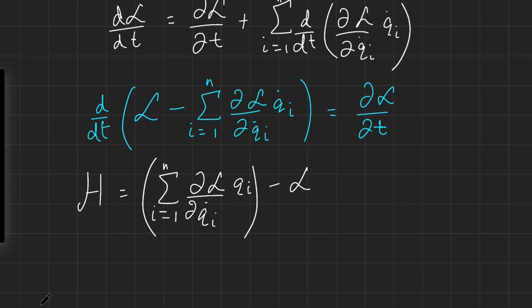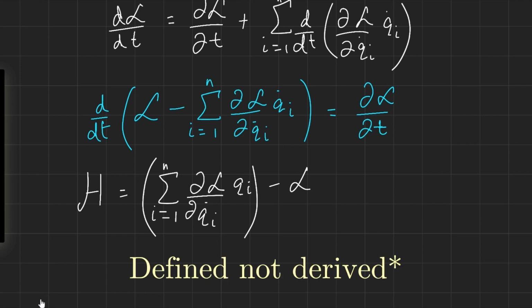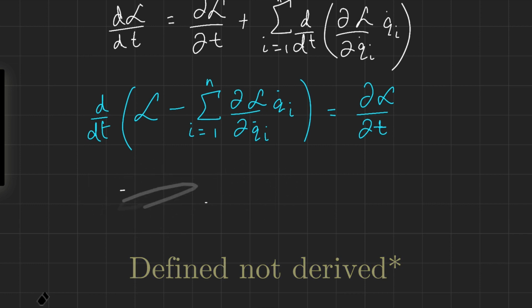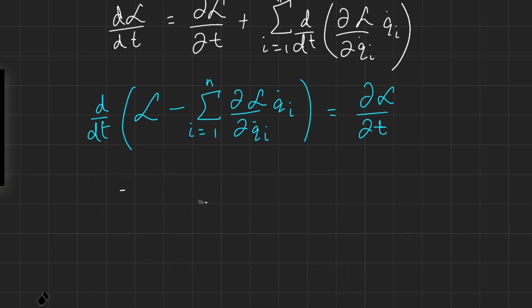So that's how the Hamiltonian is derived. So if I just take a negative sign out of here and multiply both sides by -1, I'd actually get that the derivative of the Hamiltonian with respect to t is negative of the partial of the Lagrangian with respect to time.